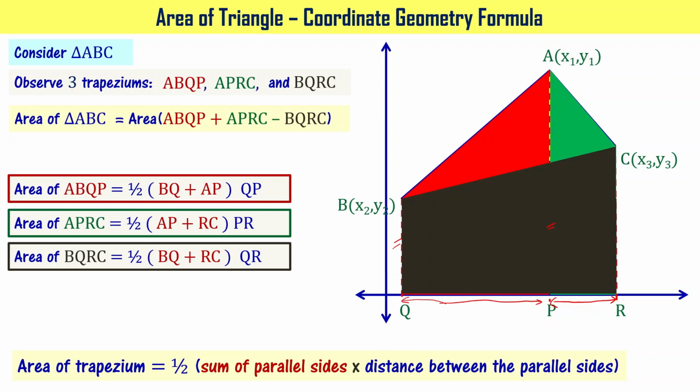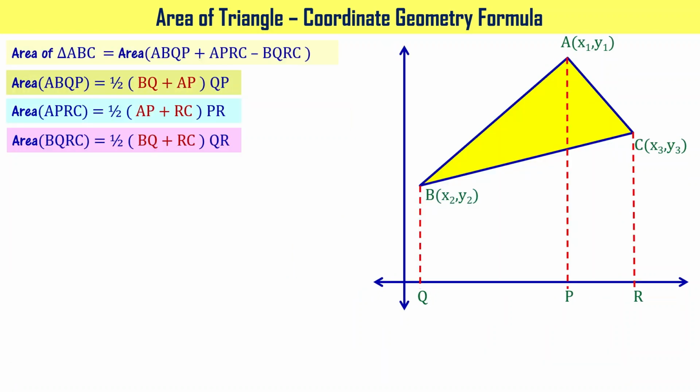It can be written as half of (BQ + RC) times QR, right? QR is the distance between the parallel sides BQ and RC, right? Let's take a note of these three equations for area of the three trapeziums.